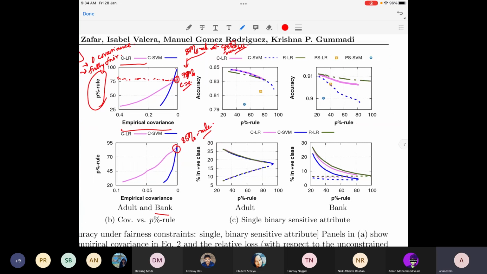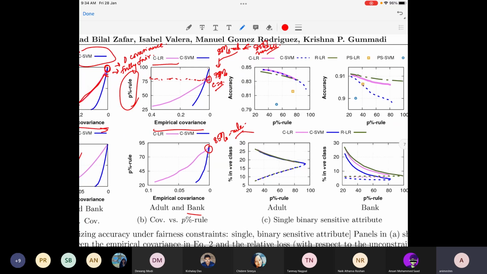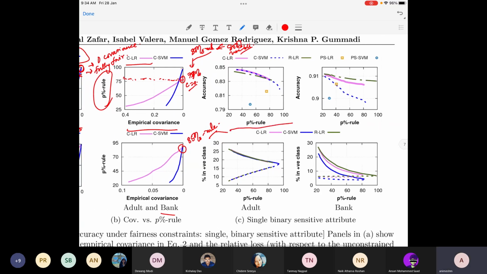And here, the last one, this is understandable from the results. So you have the P% rule on one side and you have the accuracy. If the P% rule is increasing, the accuracy has to decrease, right? P% rule means more fairness, less accuracy.